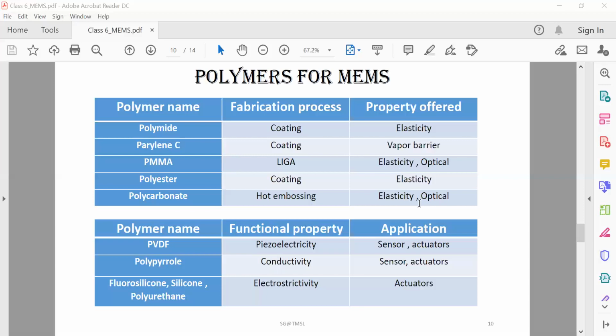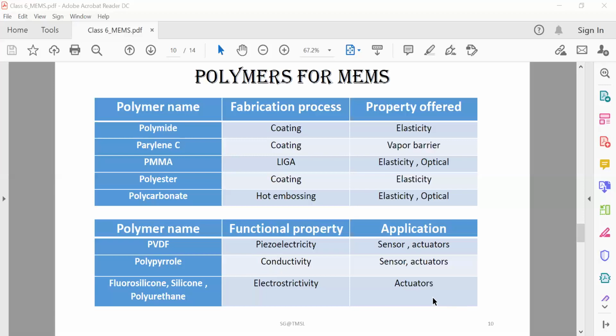When you use polymer as a functional material, we use some functional properties, and those functional properties are piezoelectricity, conductivity, or electrostrictivity.